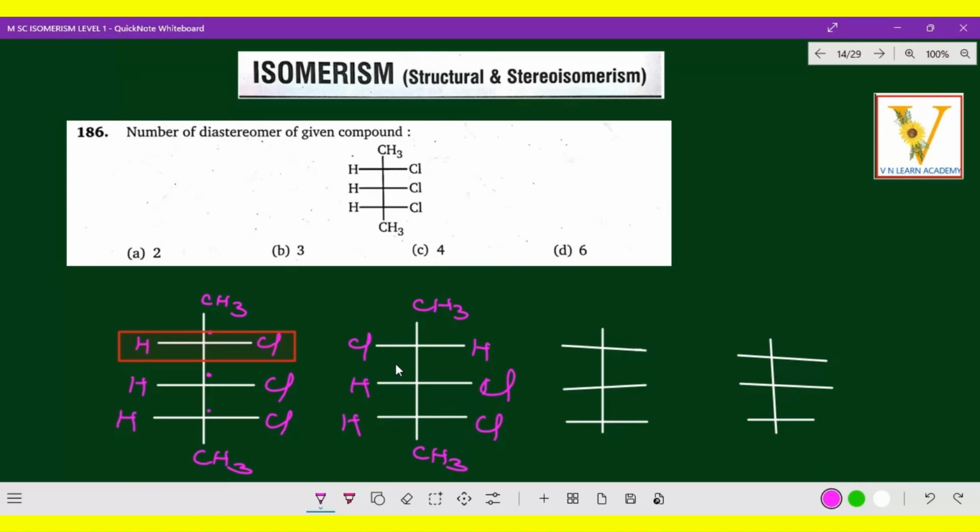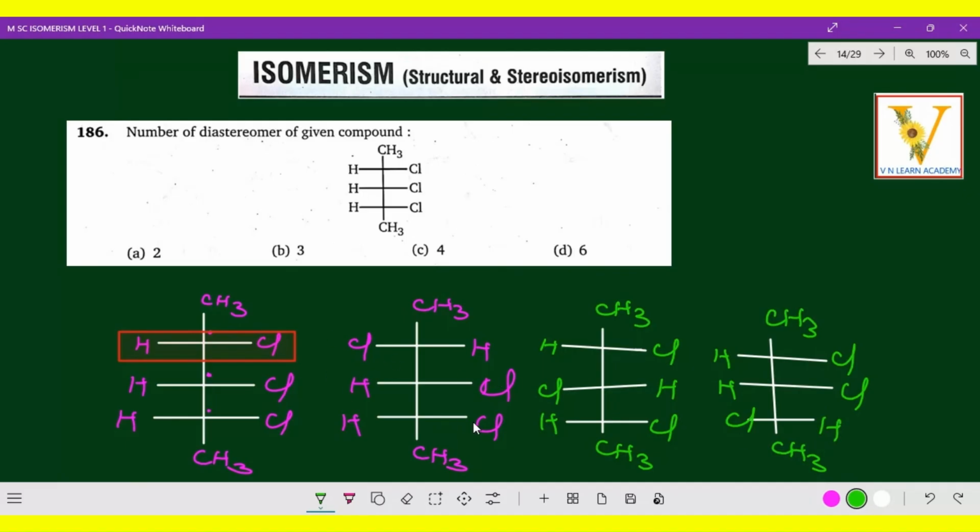In the same way, for the next one, we make CH3 here and CH3 here with different spatial arrangements. So this is the original molecule, and this one has H, Cl, and Cl, H, then H, Cl, and likewise CH3 and CH3 here, with H, Cl, H, Cl, and ClH.